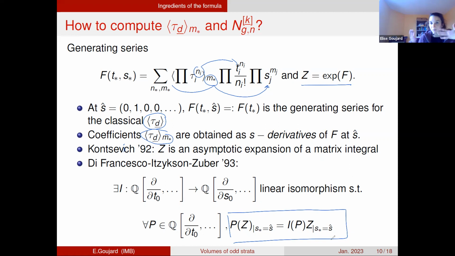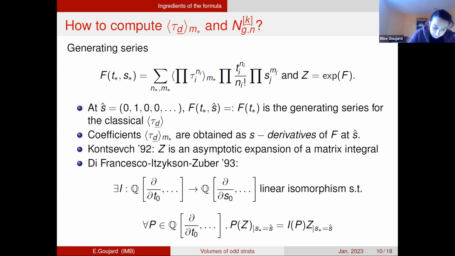It's not quite linear because you get some polynomial inside. This is the exponential generating series, but you get some relation between the classical intersection numbers and this one. So all of this you can put in your computer and compute the first coefficients easily.